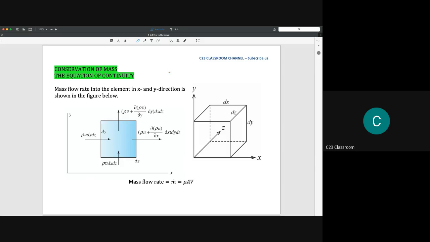For the partial differential, I hope you remember that del rho u over del x can be written as constant density times del u over del x, plus constant velocity times del rho over del x.